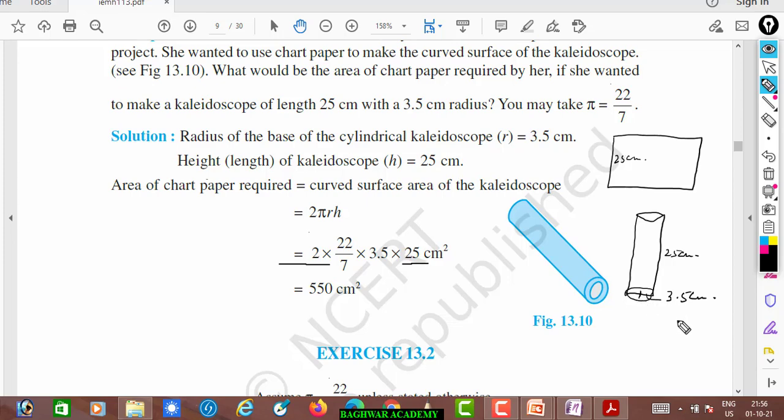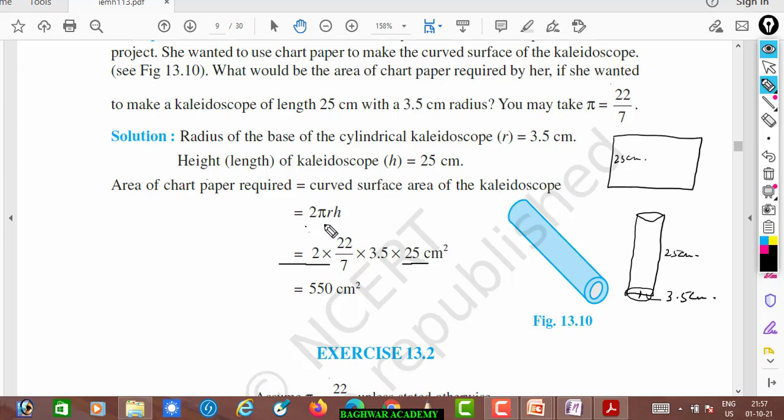So you simply need to find the curved surface area. The curved surface area of this cylinder will be the area of the chart that is required. So the formula is simply used: area of chart paper required will be the curved surface area of the kaleidoscope.